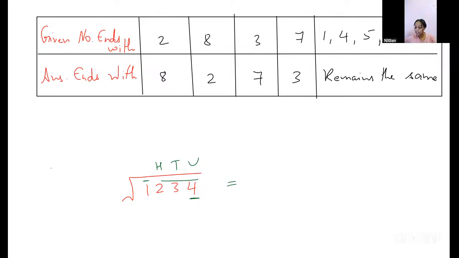Here we don't have two options, two variations that we could get in the answer. Remember, in yesterday's one we had two, right? For 4 we had this and this. For 6 this and this two. But here only one variation is there.